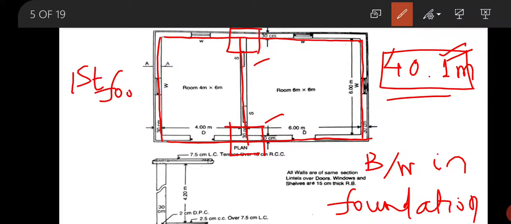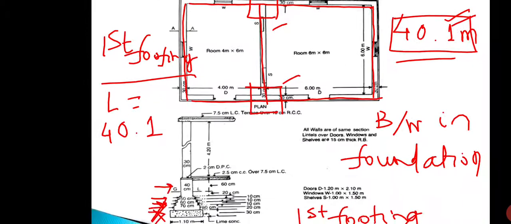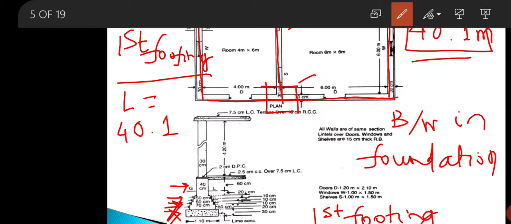So for calculation of first footing, the length will be equal to the total length 40.1. From this we need to subtract the two junctions, and the portion that is to be deducted is equal to half of the width.